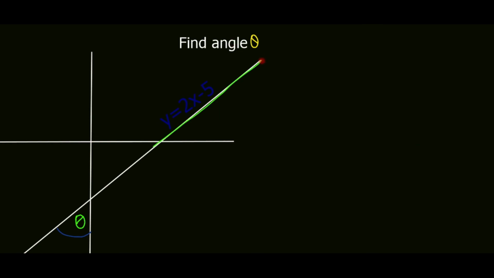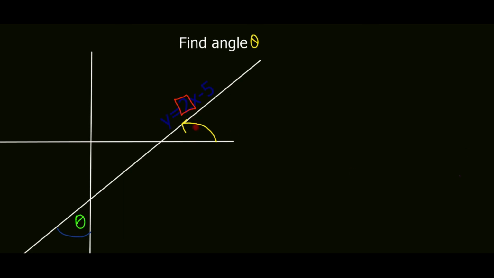There is a straight line, and then the equation of that straight line. So from this equation this is the gradient, and because of this gradient we can easily find this angle, which is the angle of inclination.